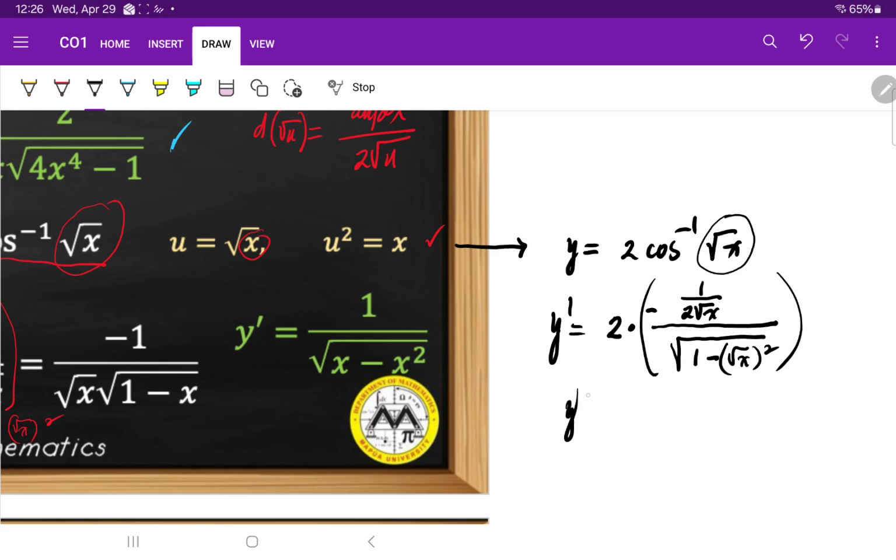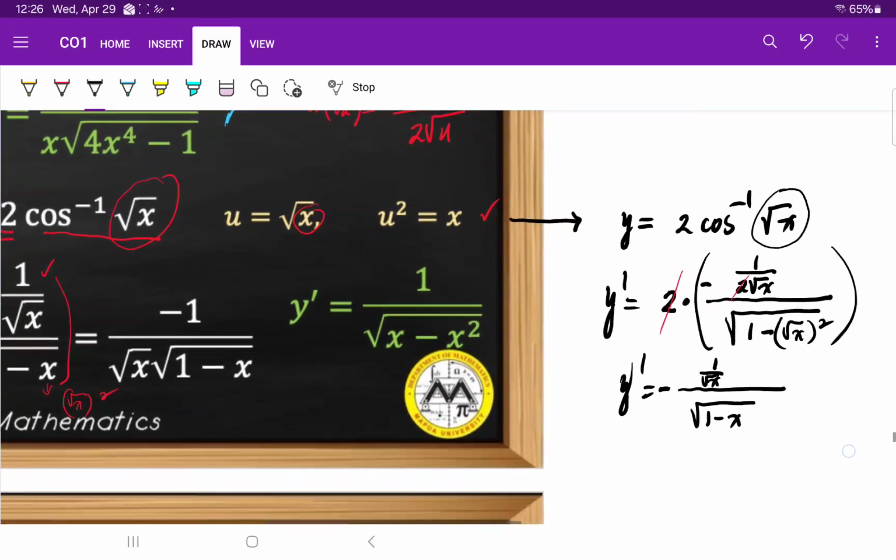So we get y prime equals, 2 cancels out. This cancels out. So what's left in the numerator is 1 over the square root of x. Then in the denominator, you have 1 minus x, because the square root of x squared is x.